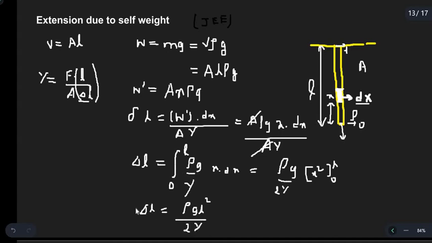This is a very important formula. This will be the total extension in the rod due to its own weight. So rho G L square upon 2y.